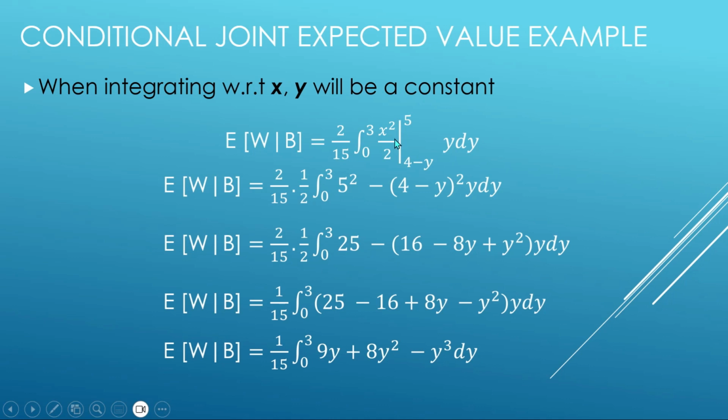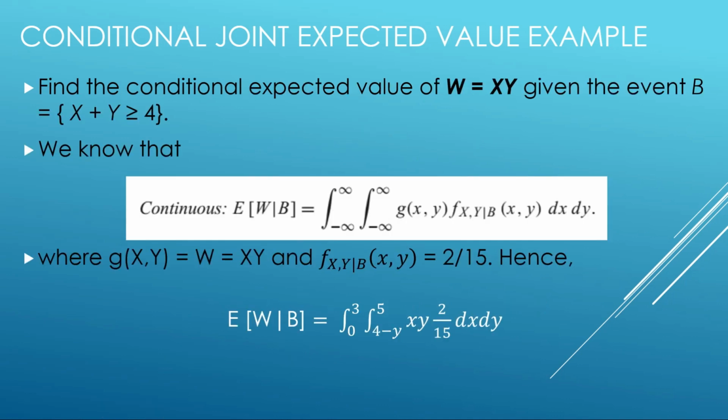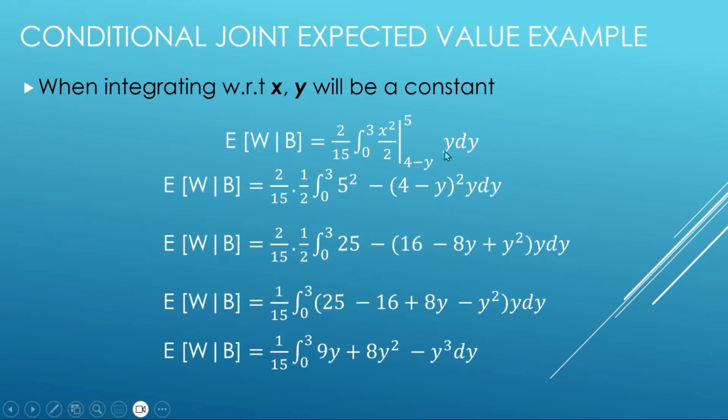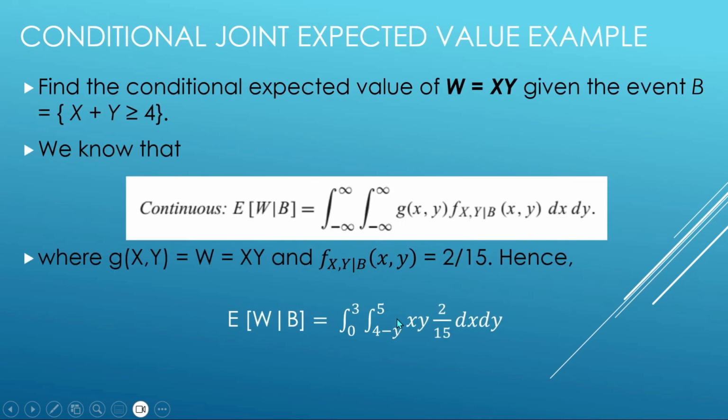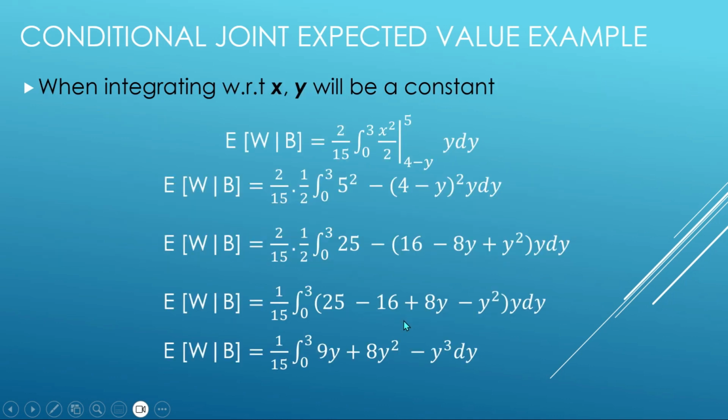So first we integrate with respect to x. When we integrate with respect to x, y becomes constant. So in x into y, this y becomes constant. We leave it out and simply integrate x, and the integral of x is x square over 2, as we have seen before.